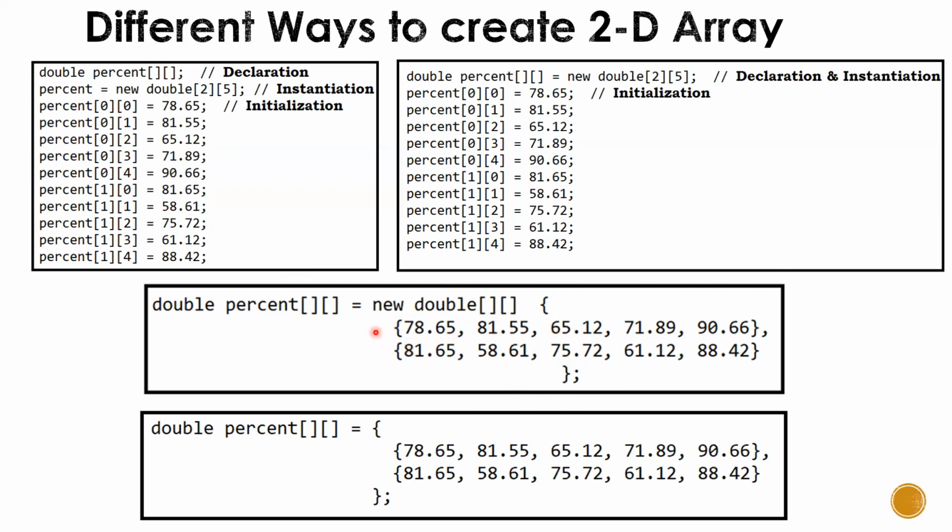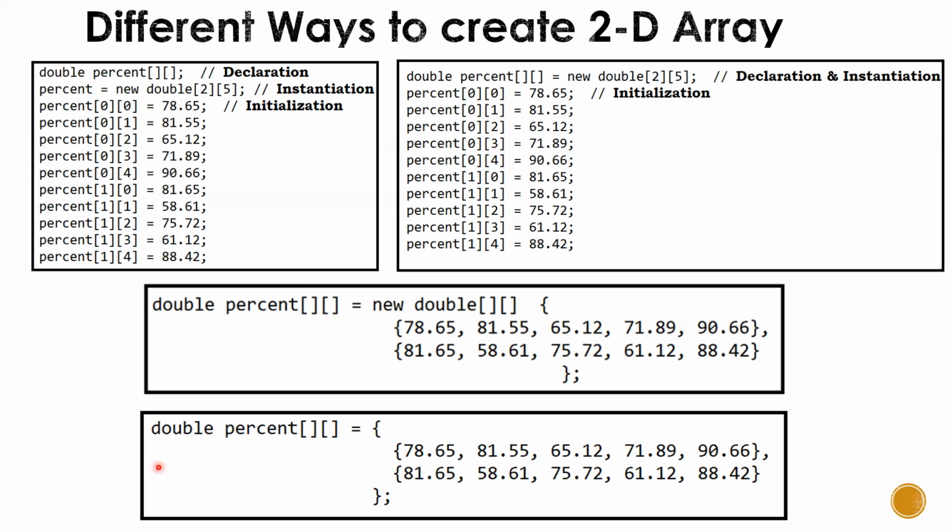In a two-dimensional array, the number of curly brackets is the number of rows, and the values present inside a curly bracket are considered as columns. In this structure, we have 2 curly brackets, that means 2 rows, and there are a total of 5 values, so there are 5 columns and 2 rows inside this array.